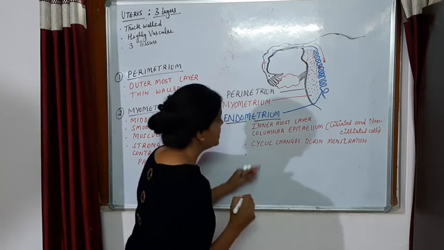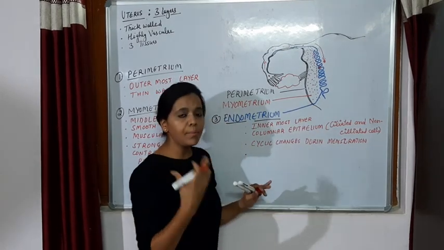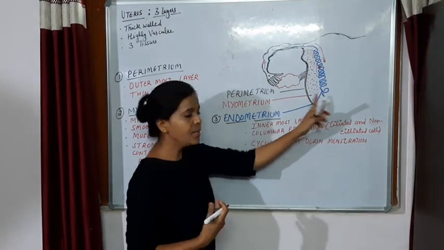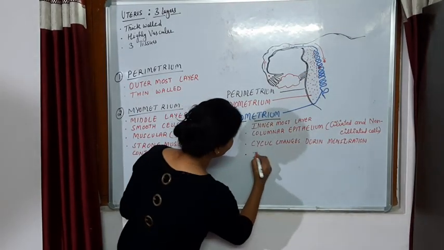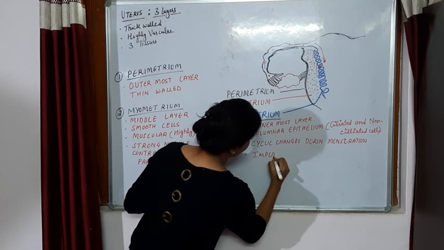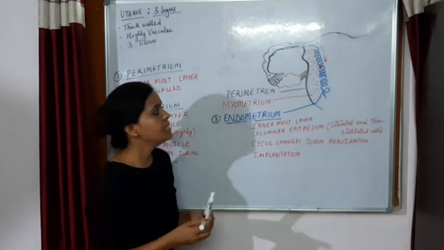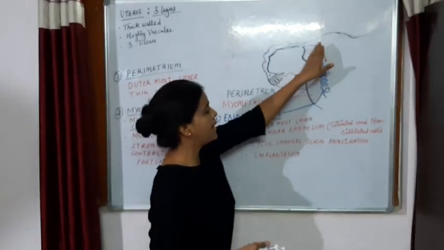Next, the growing embryo is implanted in the endometrium. So the process of implantation also takes place in this lining, that is the endometrium.